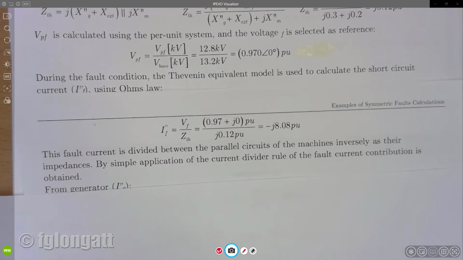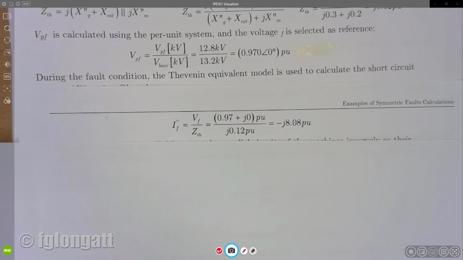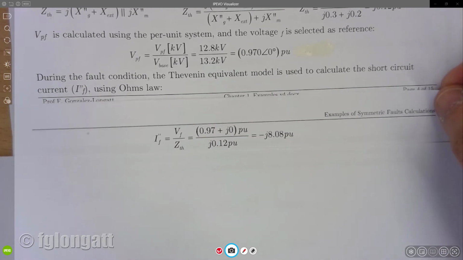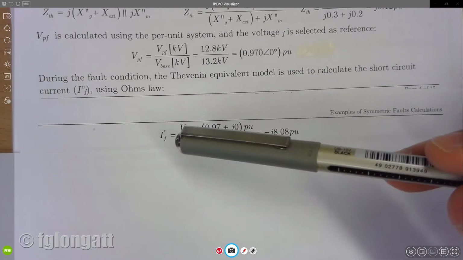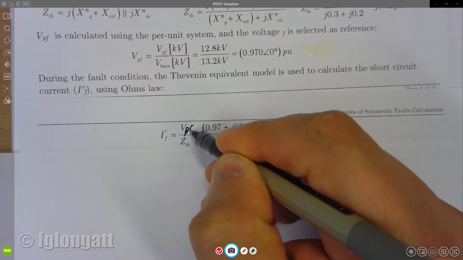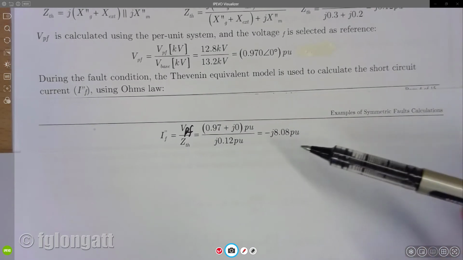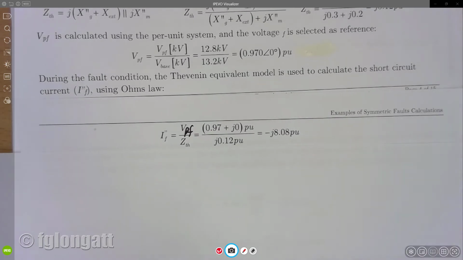And here you can see the fault current calculation. Okay, the fault current will be the voltage previous to the fault at the fault point, divided by the Thevenin impedance, and we obtain 8.08 per unit, okay?